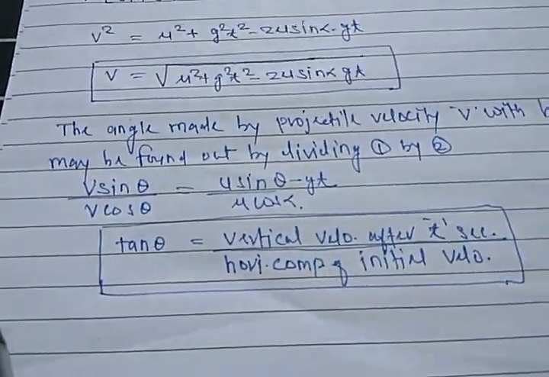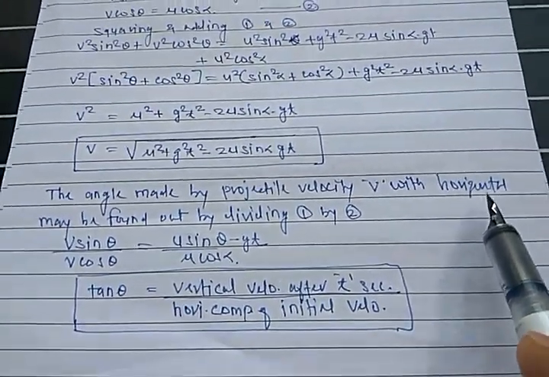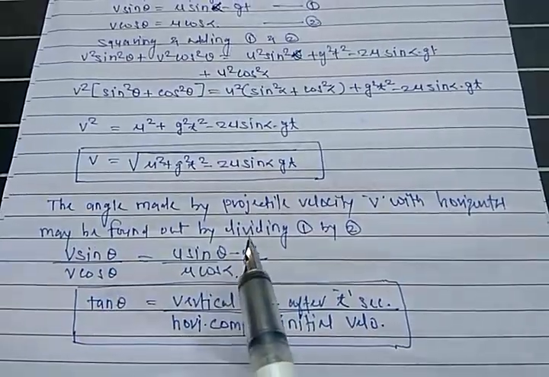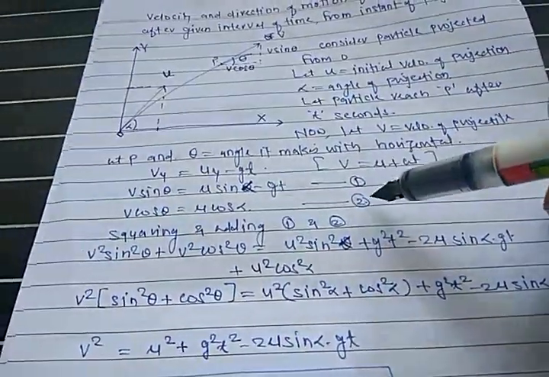Okay, next, the angle made by the projectile velocity v with the horizontal direction may be found out by dividing 1 by 2. So 1 divided by 2.